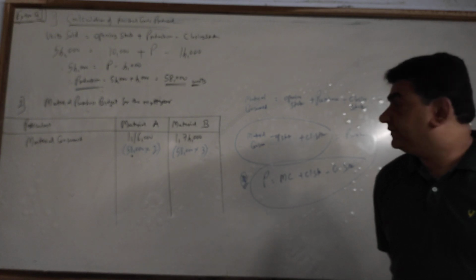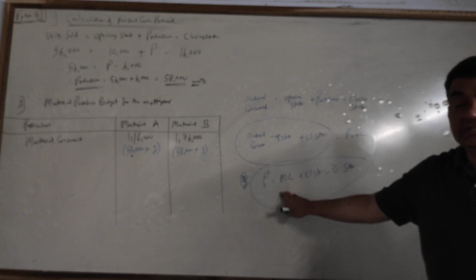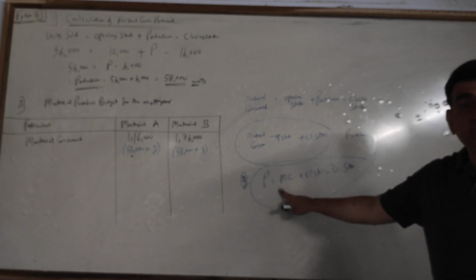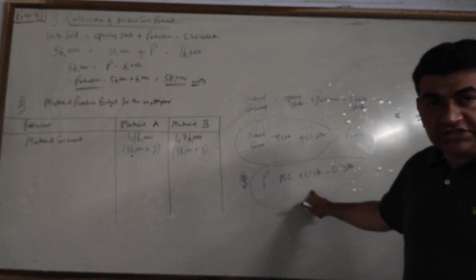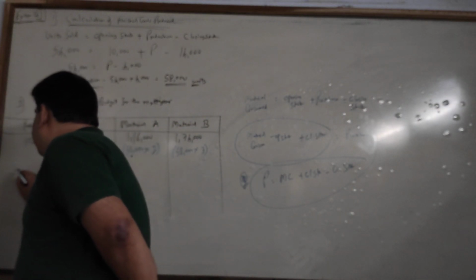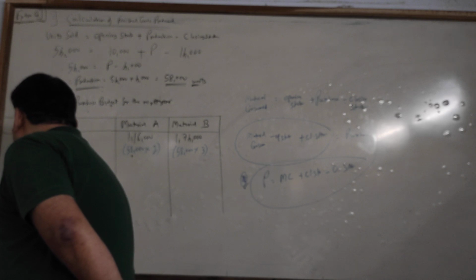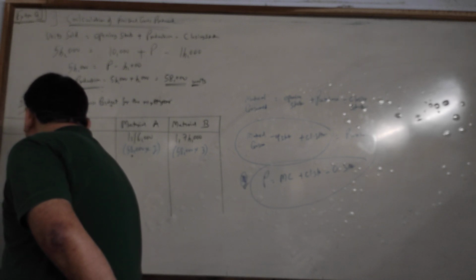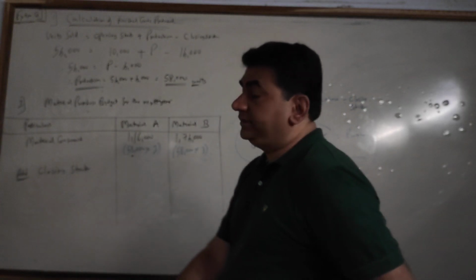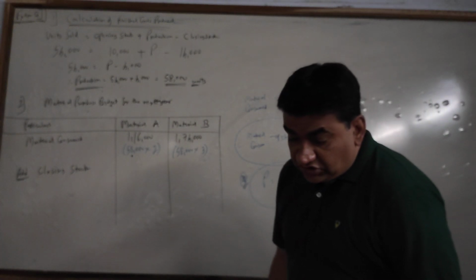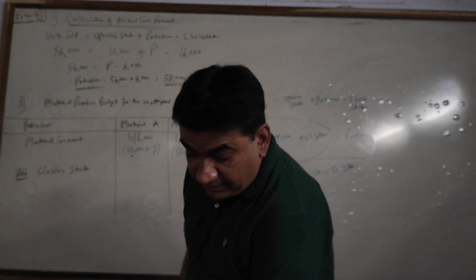Clear with this, guys? Now see, coming to the same formula. What is purchase? Material consumed, which I wrote, plus closing stock, same formula. So we will continue. Add. Remember, this is the base for the next class. Add closing stock. Now see, closing stock for material A is given in the third part.